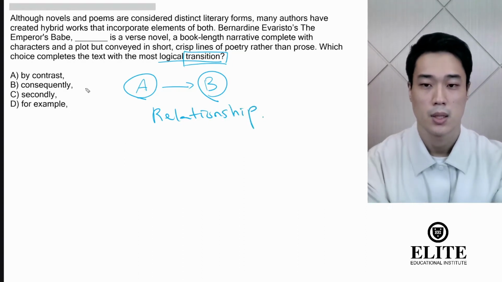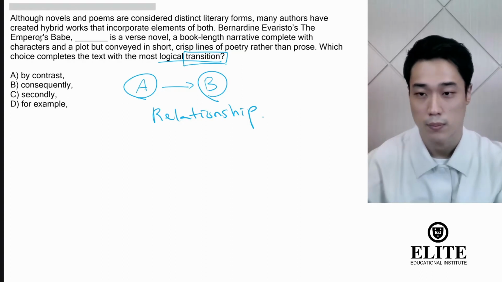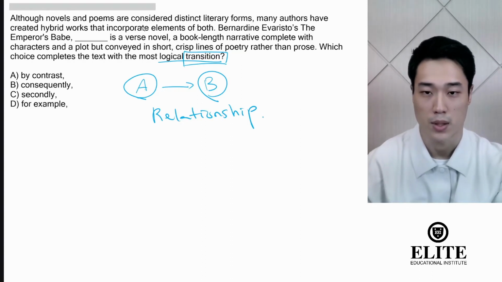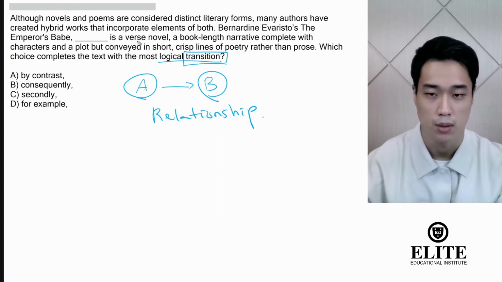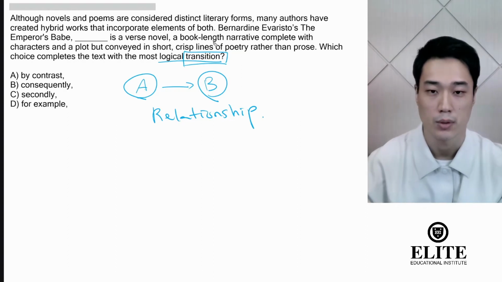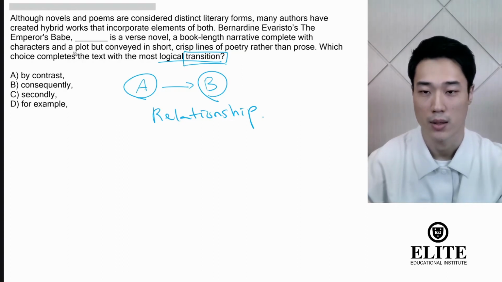All right. So if we take a look here, although novels and poems are considered distinct literary forms, many authors have created hybrid works that incorporate elements of both. Bernardine Evaristo's The Emperor's Babe is a verse novel, a book-length narrative complete with characters and a plot but conveyed in short, crisp lines of poetry rather than prose.